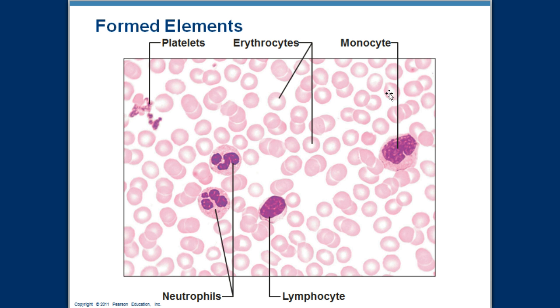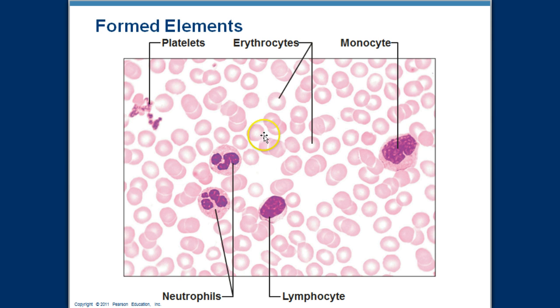All right, so now we're on to the formed elements. This is kind of the meat of the chapter, and we're going to be talking about white blood cells, red blood cells, and platelets. All of these things here are your white blood cells. You'll notice that platelets are just little tiny fragments, even smaller than your red blood cells.